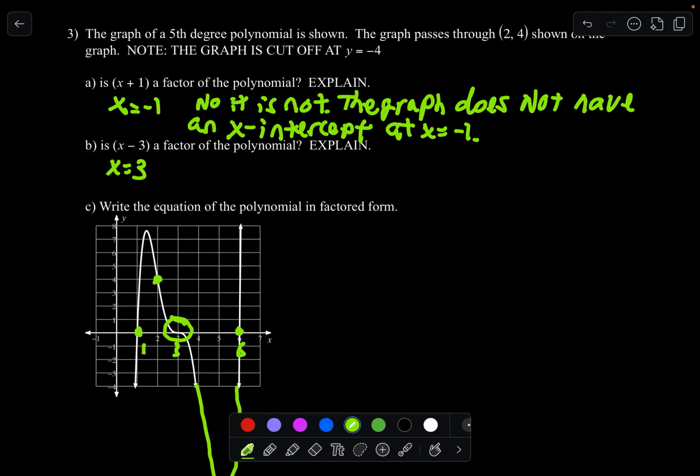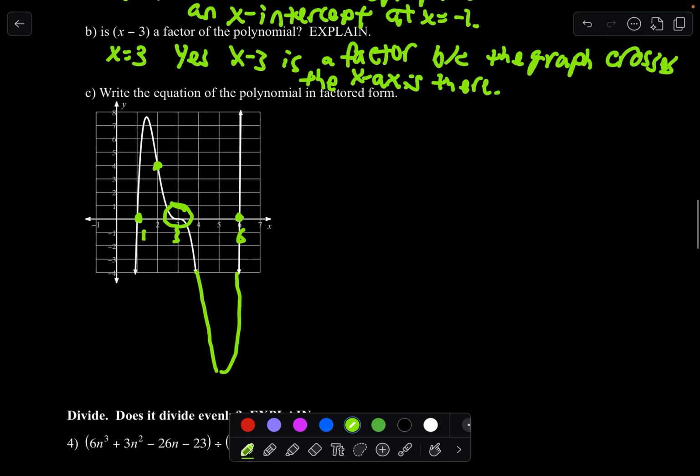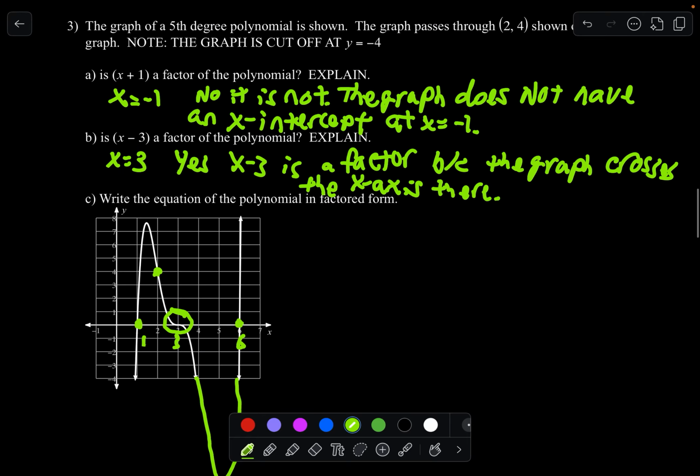So yes, x minus 3 is a factor, because the graph crosses the x-axis there.